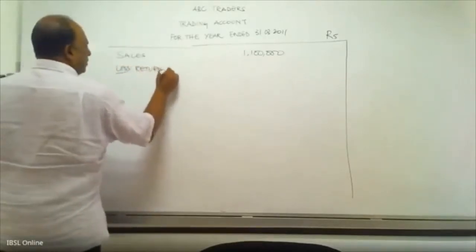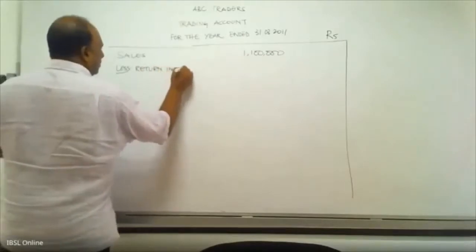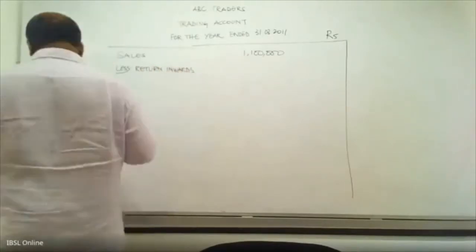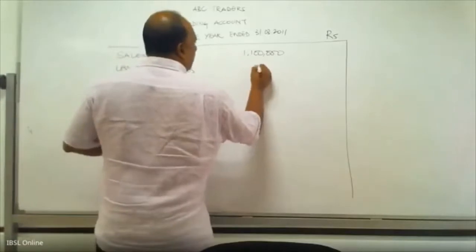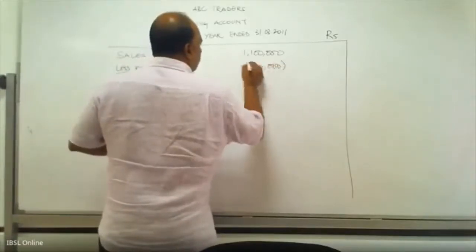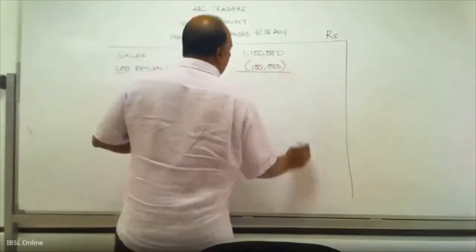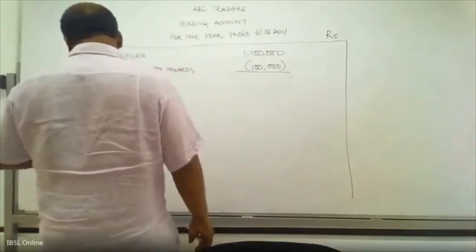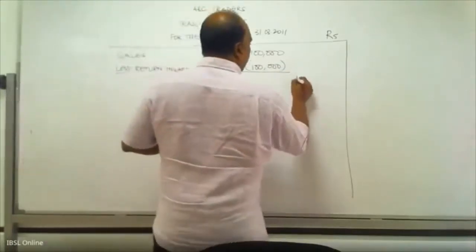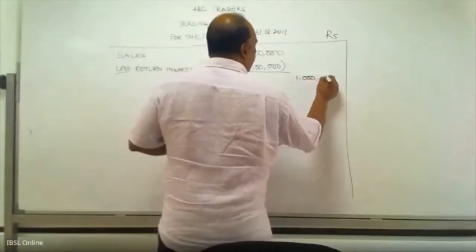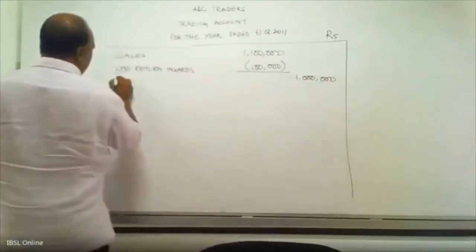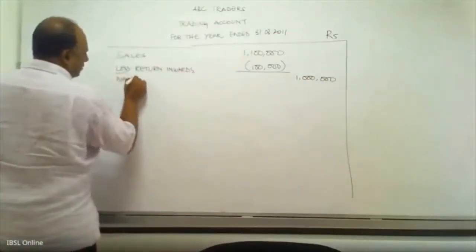So return inwards, you have 100,000. So you have to deduct that. When you deduct that, you will have 1 million as your net sales.